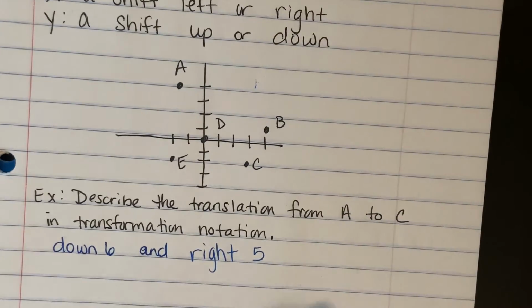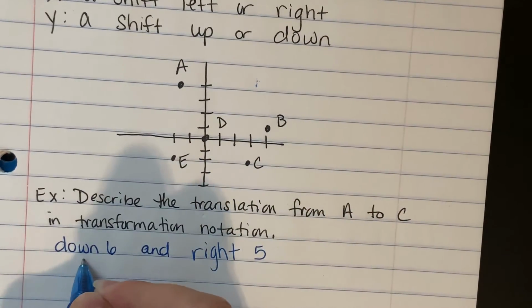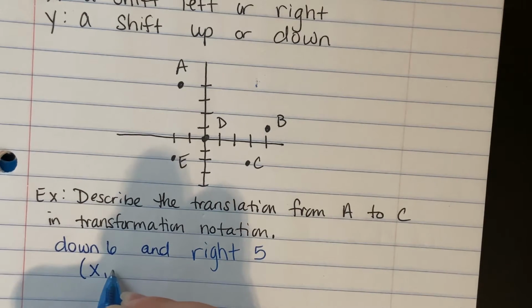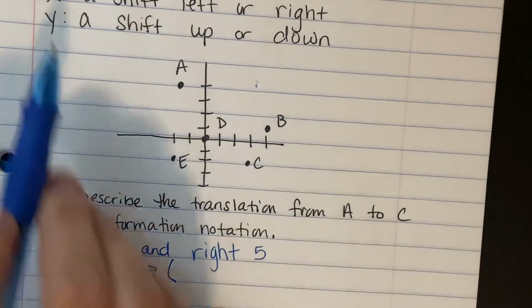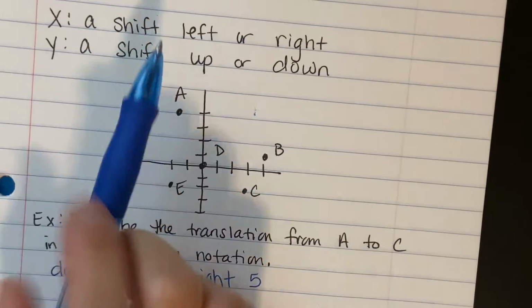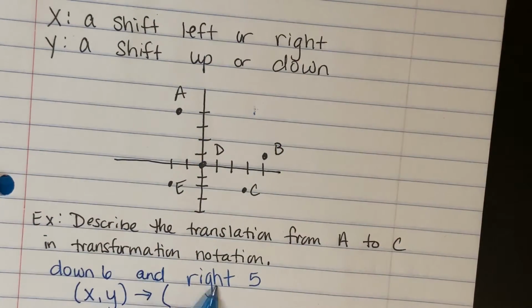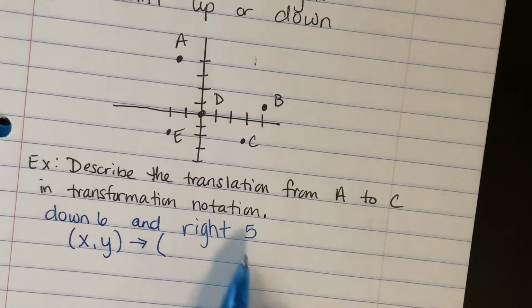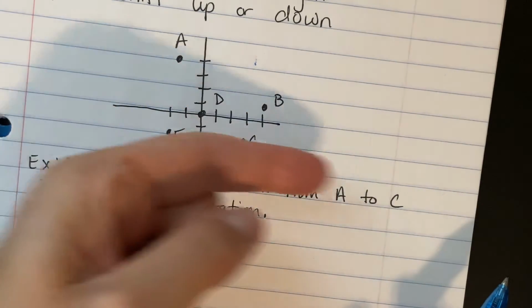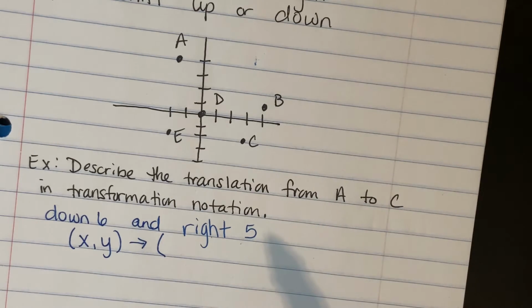Transformation notation is saying, well, my X and Y changed. So X, we said, is just left or right. Which of these two is X, the 5 or the 6? Left or right is going to be 5. Now, if the X went right 5, that means it's going forward 5, right? Is that increasing the X or decreasing?